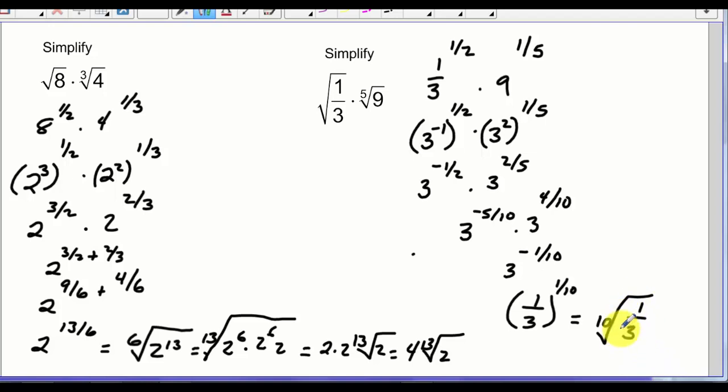And in theory, I need to rationalize this, and since we have a 10th root here and I only have 1 3 in the denominator, I would have to rationalize by the 10th root of 3 to the 9th, both to the top and the bottom.